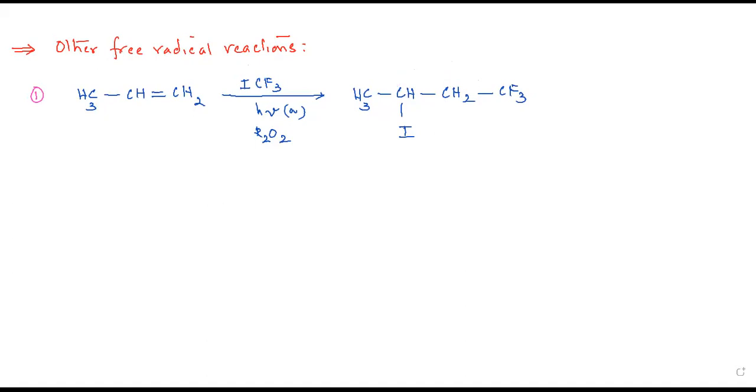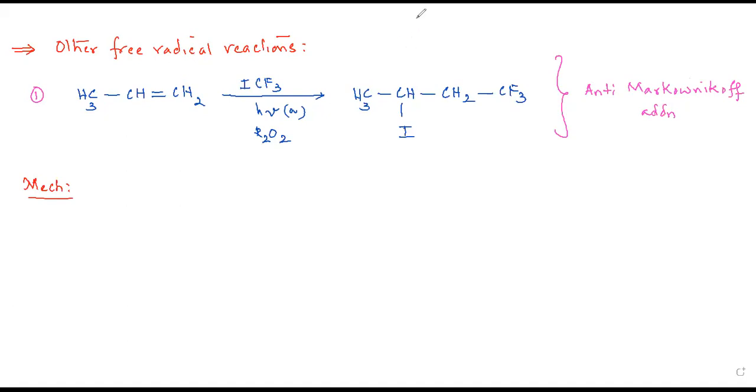So this is how. But only to actually understand that, let me give you the mechanism, a free radical one. But of course it goes via anti-Markovnikov addition because we are going with peroxides, sunlight, and all.